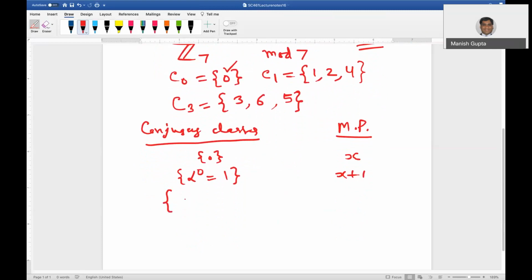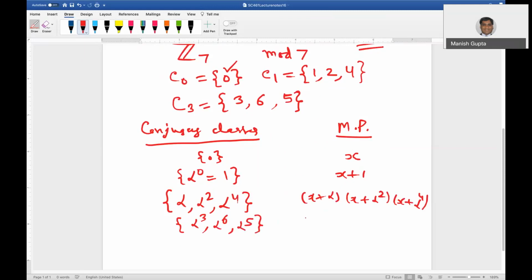So we have alpha, alpha^2, and alpha^4. The minimal polynomial in this case will be (x + alpha)(x + alpha^2)(x + alpha^4). I will compute this value in a minute. And the next one is alpha^3, alpha^6, alpha^5. So this will be (x + alpha^3)(x + alpha^6)(x + alpha^5).